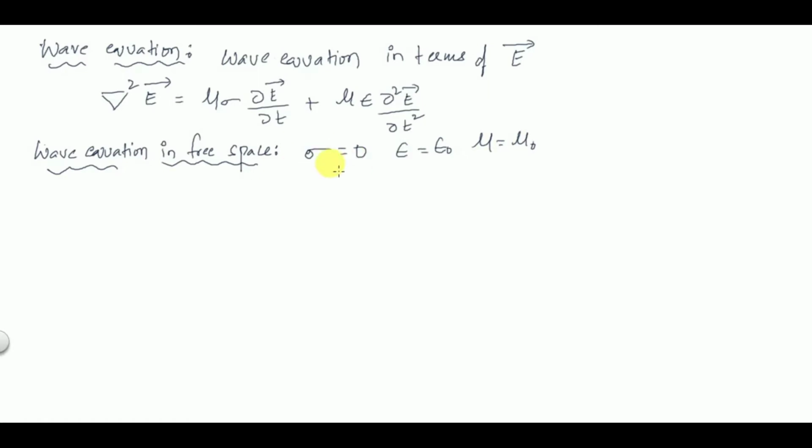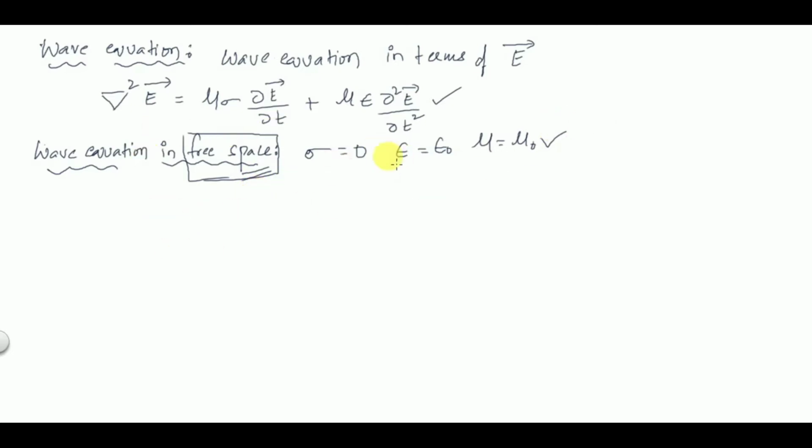These are the conditions for any wave propagating in the free space medium. So substitute these conditions in the obtained equation, and you'll get the wave equation in free space. Very simple concept, right?